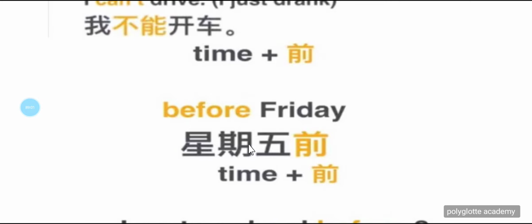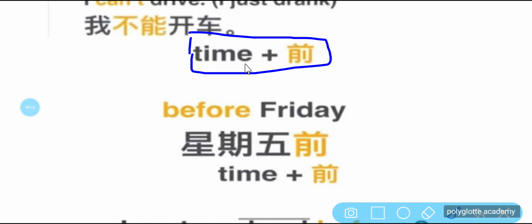Now our last sentence will be talking about time expression. So we have time plus 前.